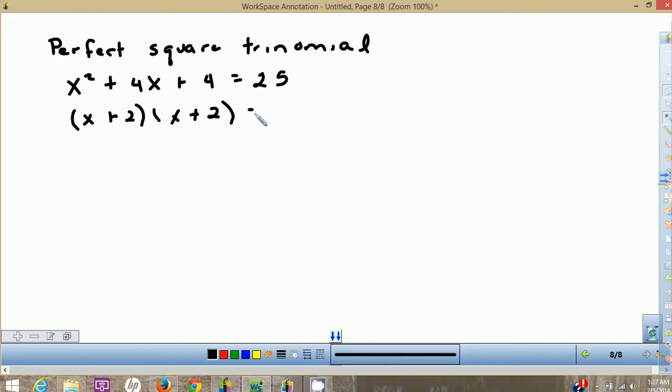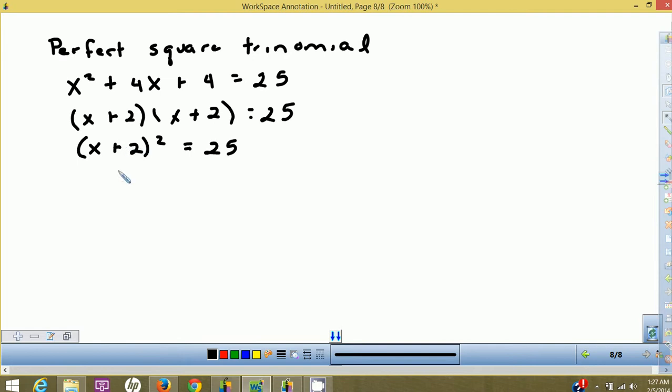If I have x plus 2 times x plus 2, it should be pretty obvious that I can write that as x plus 2 squared is equal to 25. I now have my squared term isolated, which means I can take the square root of both sides of the equation. If you take the square root of a squared quantity, then you are simply left with whatever was squared in the first place.